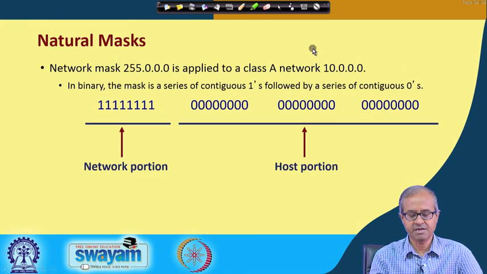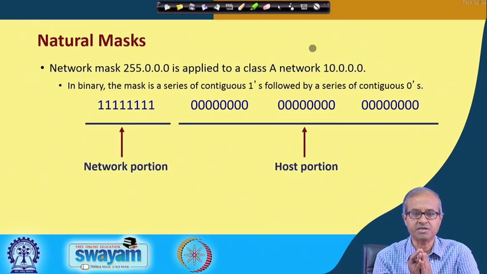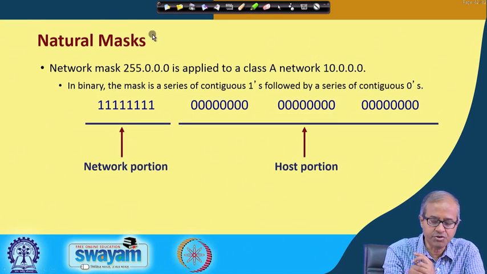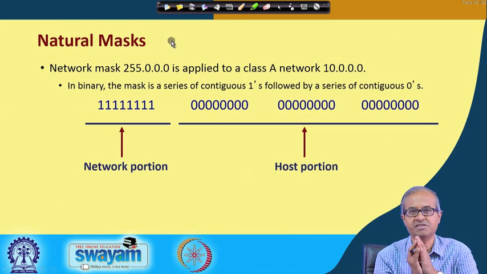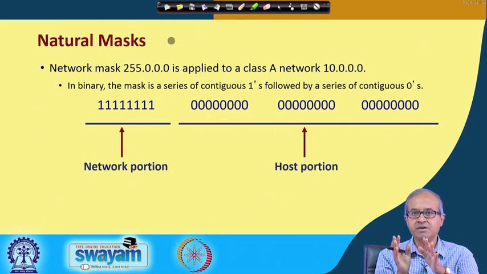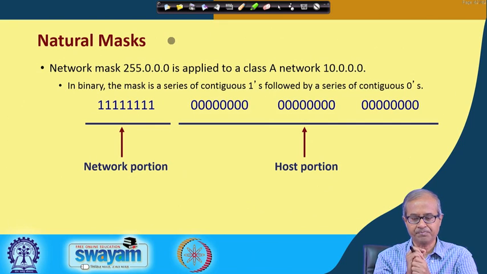Now, let us look at the concept of network masks. First, we talk about something called natural masks. Natural mask means class A, B or C in its purest form. There are no subnetworks, that is what is meant by natural mask. Let us see what the natural mask is.